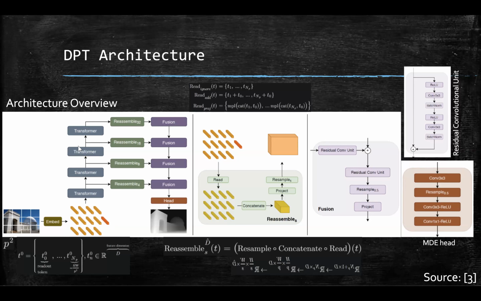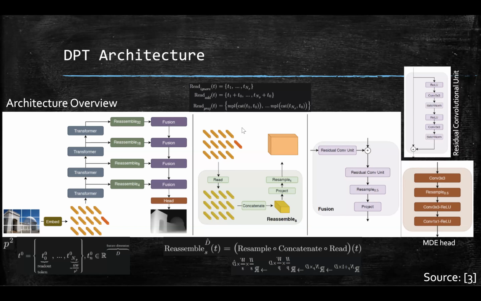Here we reassemble tokens from different stages, so here. And then we obtain an image-like representation at multiple resolutions. Then the fusion modules here, or magnified here, progressively fuse and upsample the representation to generate fine-grained predictions.